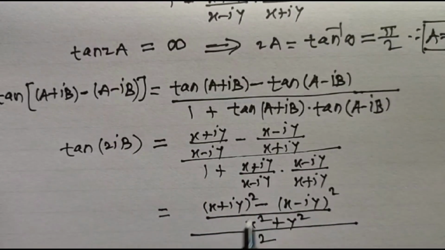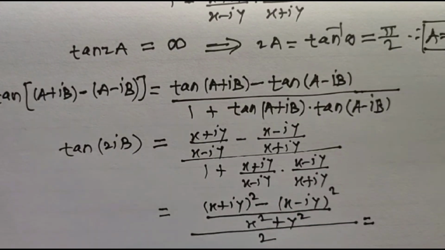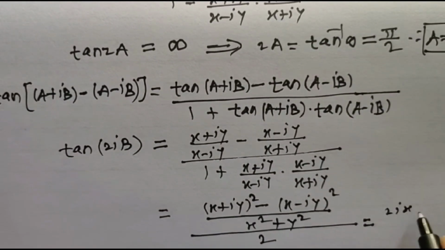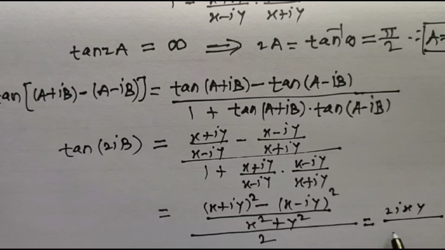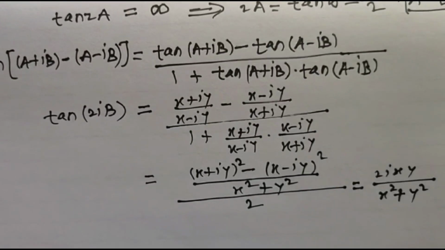Okay, now expand this, and after expansion this is equal to 2ixy divided by x square plus y square.